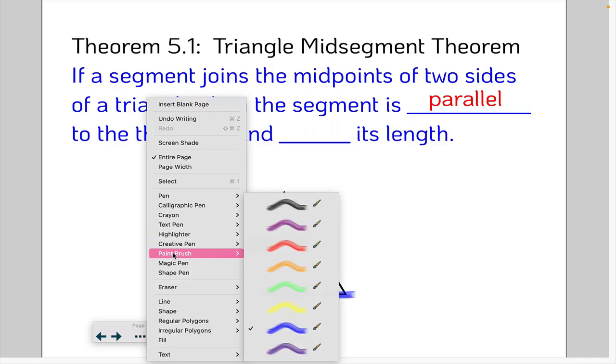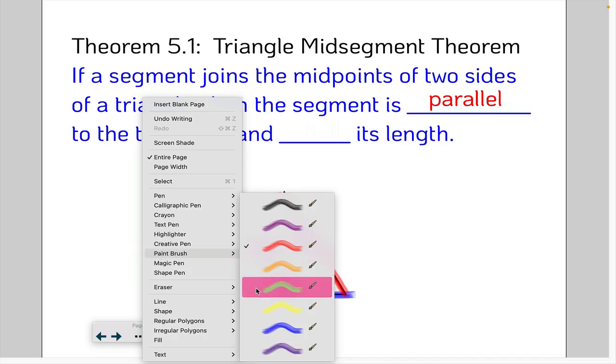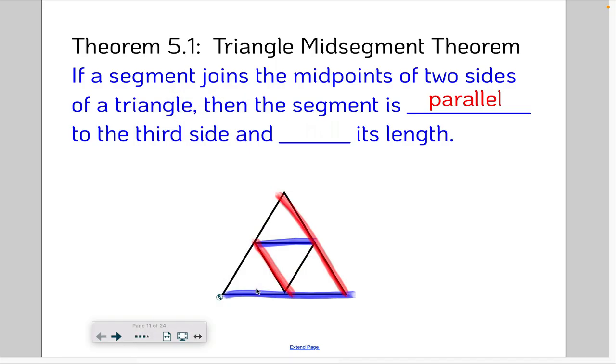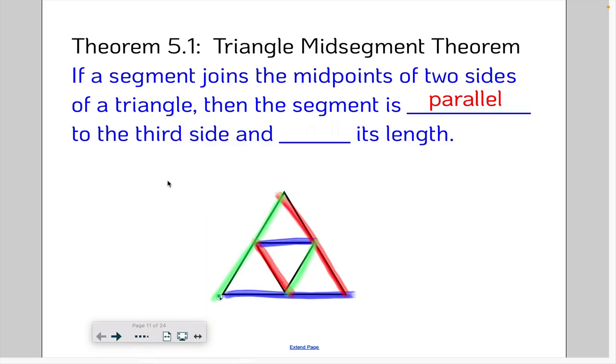I like the paintbrush. So if this is a mid-segment, is there a parallel side? And then for the last one, we need to go green. Tis the season. Mid-segment, parallel. Does anybody want to go for the gold and give me a guess with the relationship? It's half its length.